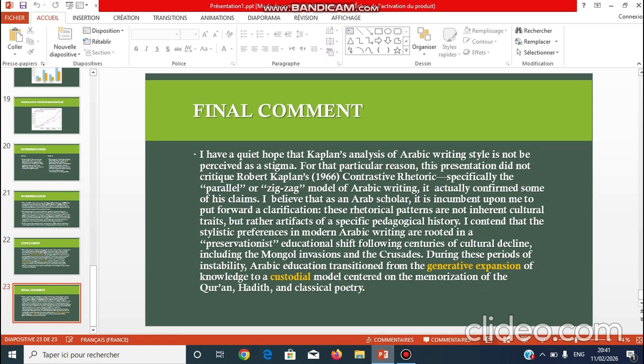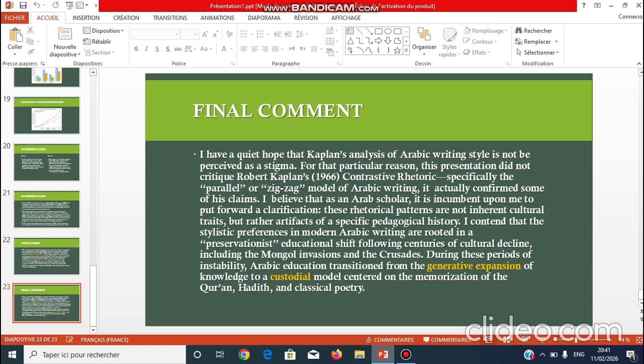It actually confirmed some of it. I believe that as an Arab scholar, it's incumbent upon me to put forward a clarification. These rhetorical patterns are not inherent cultural traits, but rather artifacts of a specific pedagogical history.